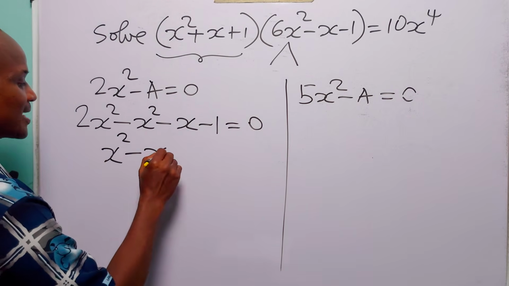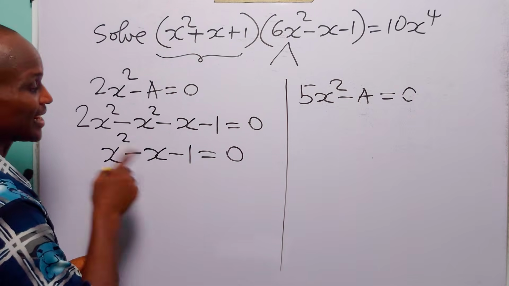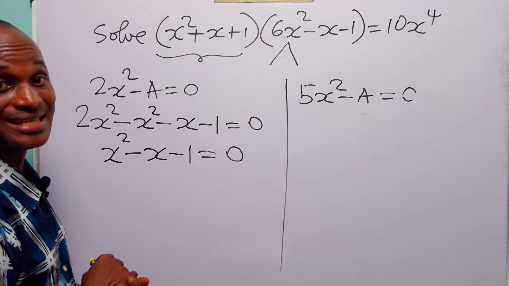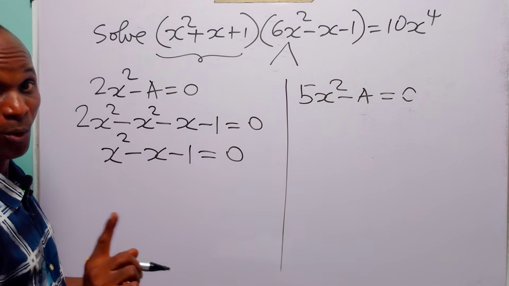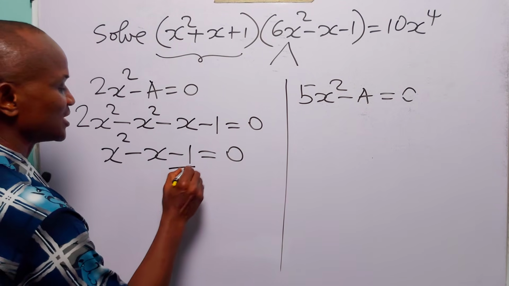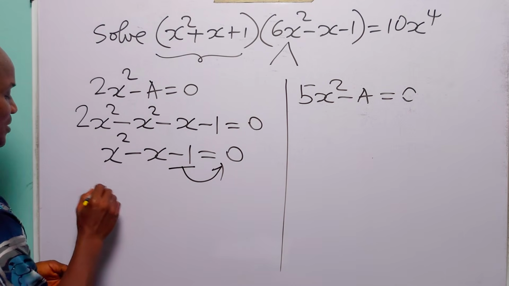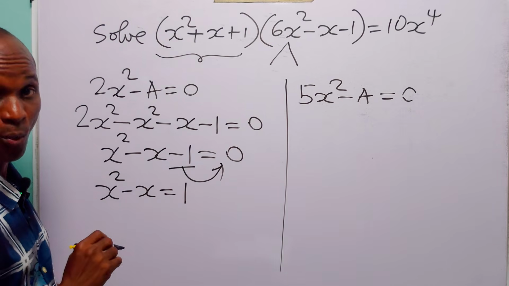Then we have minus x minus 1, and this is equal to 0. Now, we can solve this equation by factorization, but let us solve it using the completing the square method. The coefficient of x squared is already 1. So the next thing we need to do is to send this constant term over to the right. When we do that, we have x squared minus x is equal to 1.